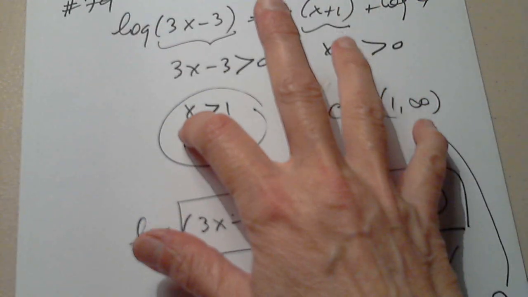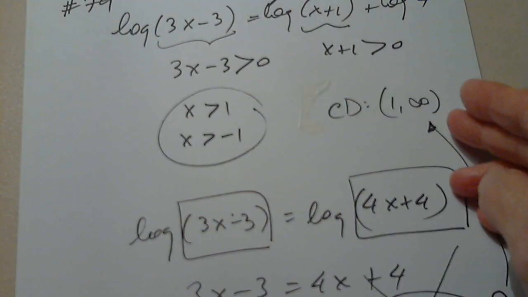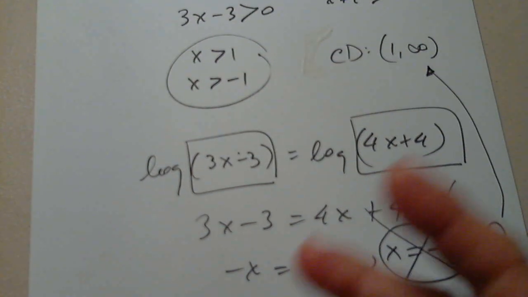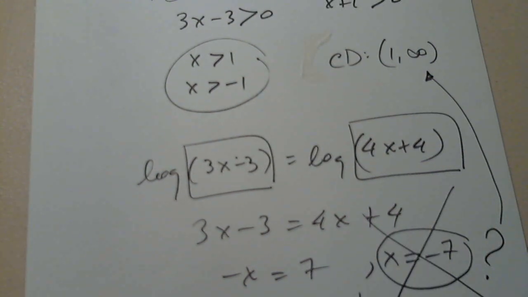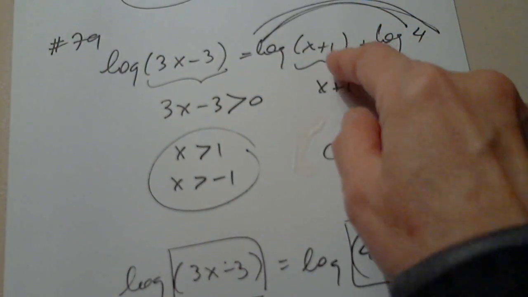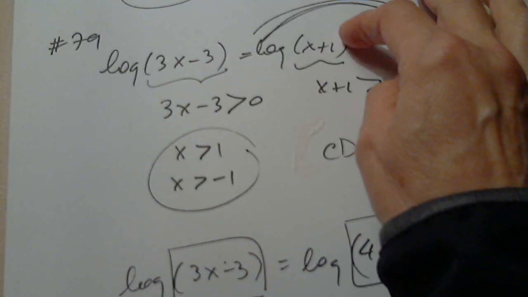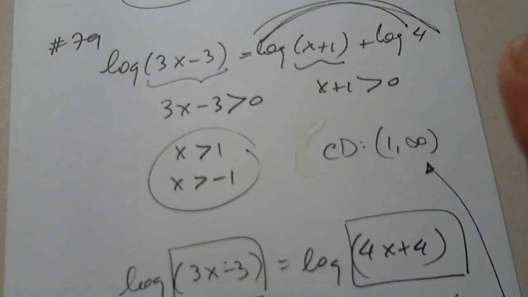So you either state a domain or find a common domain, and then you check, but you have to choose one. You must remember to check back in the original problem, because if you get an answer and you don't check and you realize, oops, wait a minute, the equation has no solutions, you're not going to get full credit because you are considering a solution that is incorrect. You're going to get points for your work, but not for the overall problem.